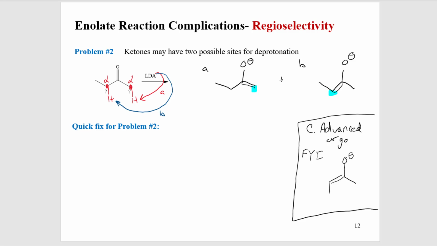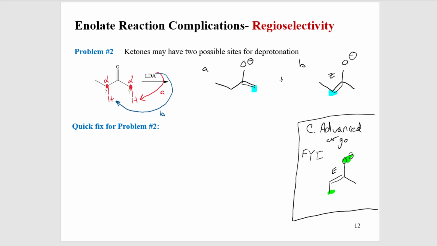The enolate I'm showing here, technically this is a Z enolate and this is an E enolate, because the groups are on the same side, and over here the oxygen and the methyl are on opposite sides. Just wanted to let you know that that is a possibility. And in advanced orgo, we actually teach you how to make the Z enolate versus the E enolate. But aside, I'm not going to test you on that.